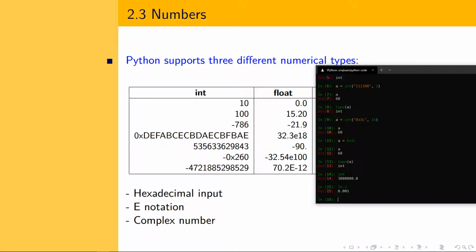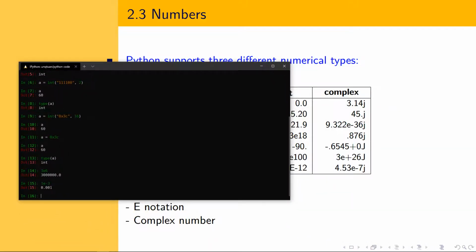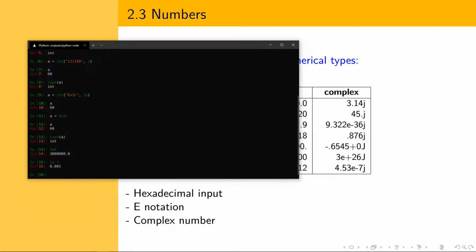Python also supports complex numbers as a native data type. You can input a complex number by a summation of two float numbers, one for the real part, one for the imaginary part. Please make sure that you put the character j at the end of the imaginary part.